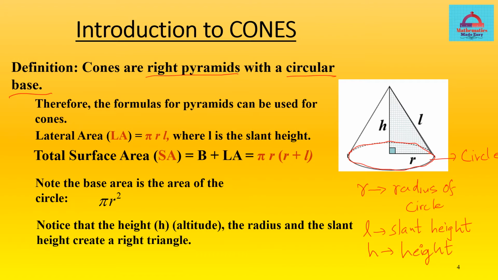So the area of the base, which is your capital B, is going to be pi r square, the area of the circle basically. So that is what we substitute and we get the total surface area as B plus LA, which is pi r times r plus L. So we've taken the pi r, which is common, outside. So that is all about the introduction to cones, and we are going to be looking at some examples in the following slides to see how we can find these two areas for a cone.